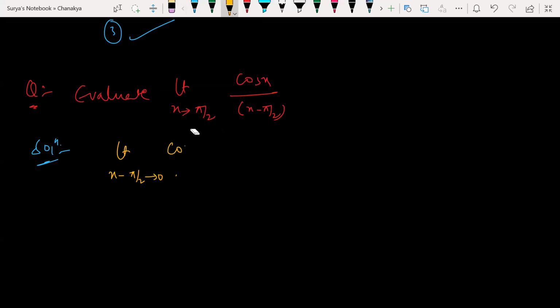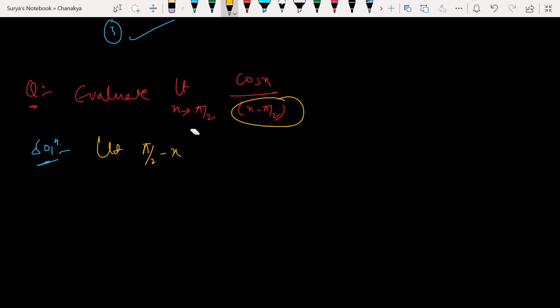So cos x divided by... what is x here? Look at this. Let us take y as pi by 2 minus x.